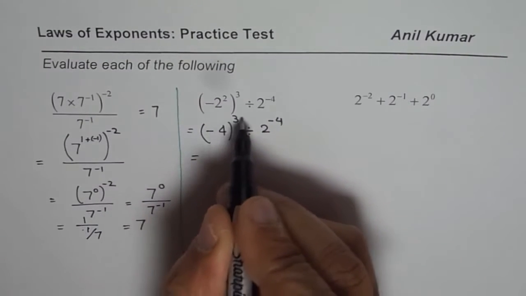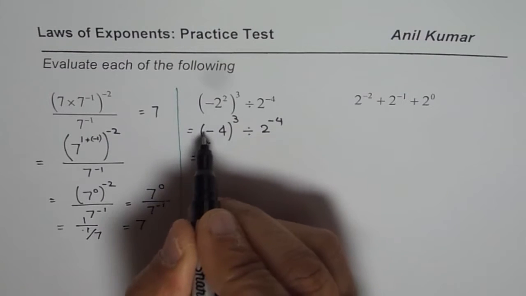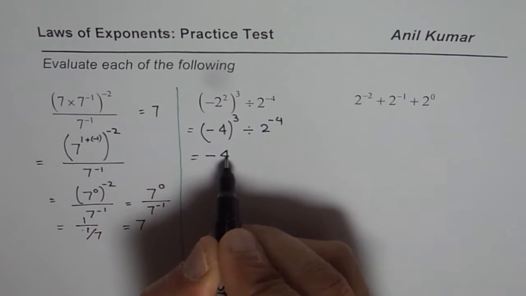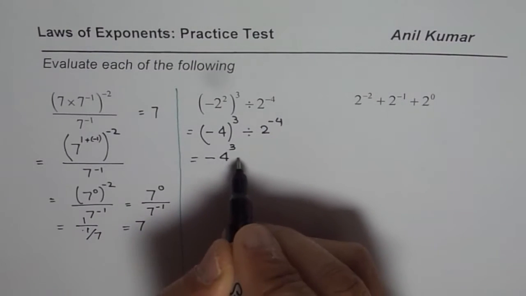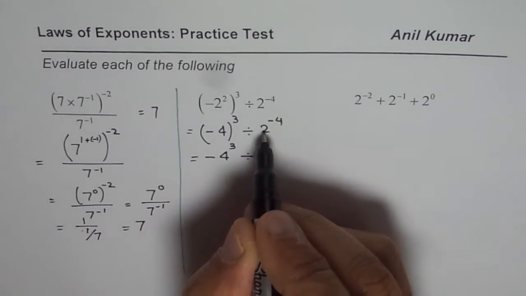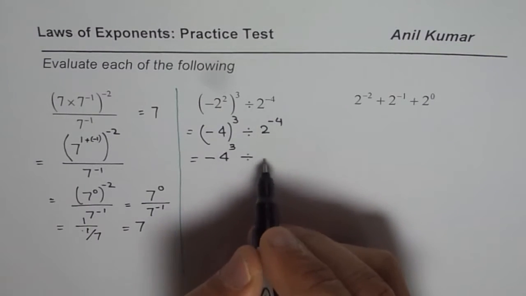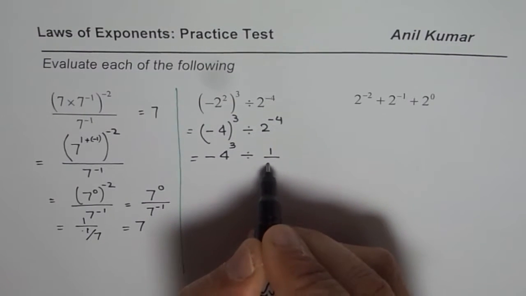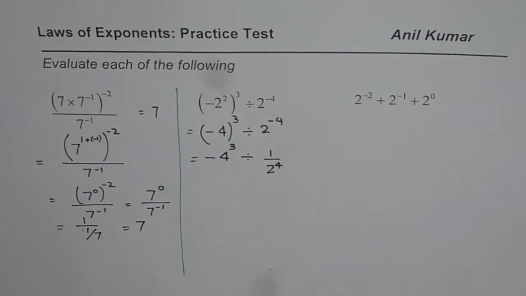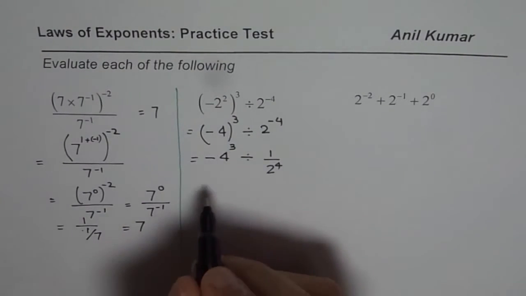When you cube a negative, you always get a negative. Now we are dividing by 2 to the power of minus 4. That really means 1 over 2 to the power of 4, since negative here means reciprocal.